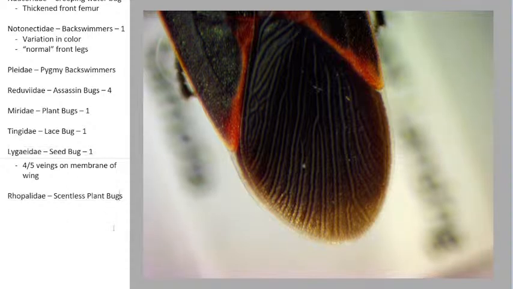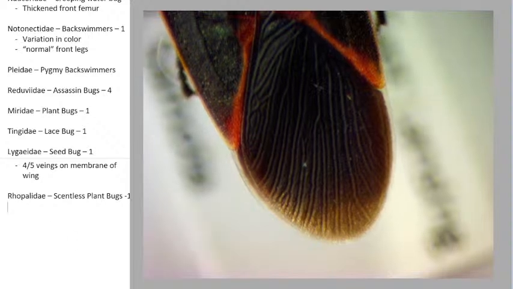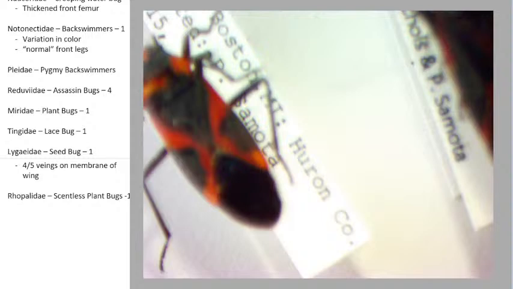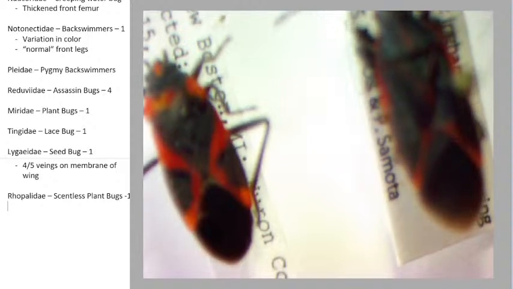Even though scentless plant bugs and seed bugs pretty much look very similar, they're very difficult to tell apart unless you have a microscope or you can look at one really closely. I believe there's also a difference in the scent glands between the second and third pairs of legs, although I'm going to have a hard time showing you those on these specimens. I tried to look before.